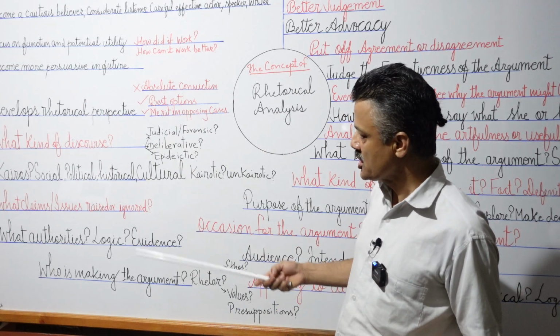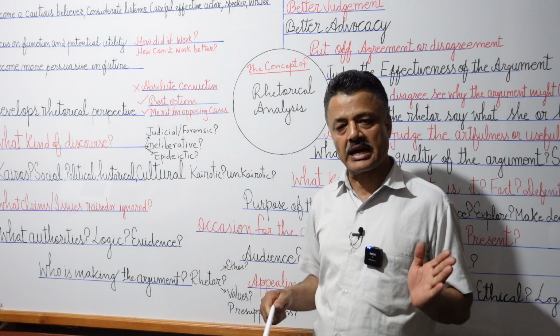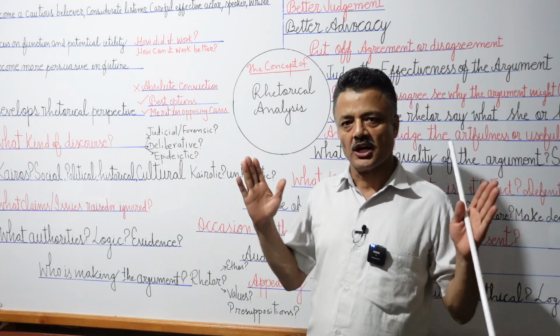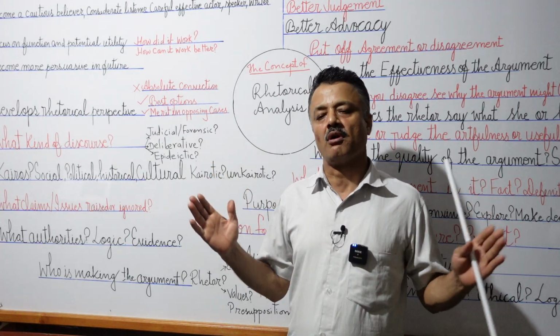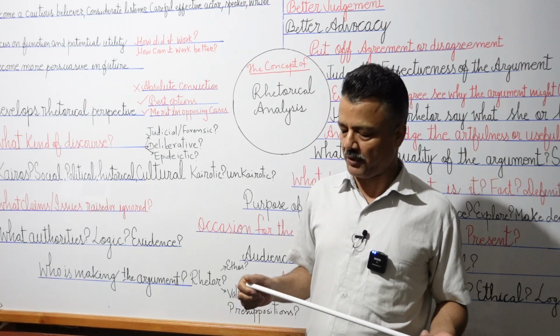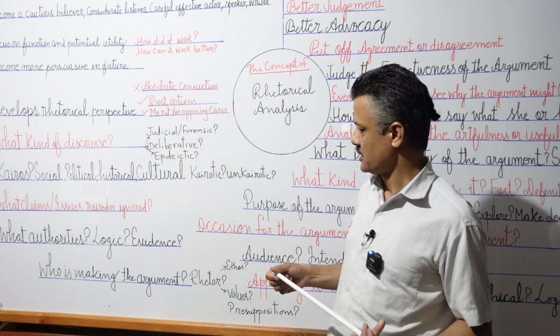So we see that kairos can be a very narrow point, as well as a very broad social, political, cultural, or economic situation, right?